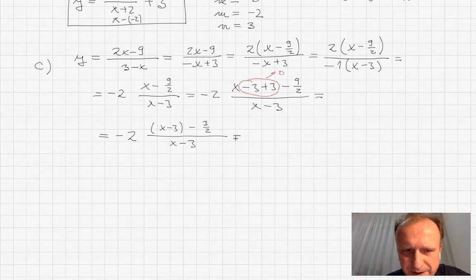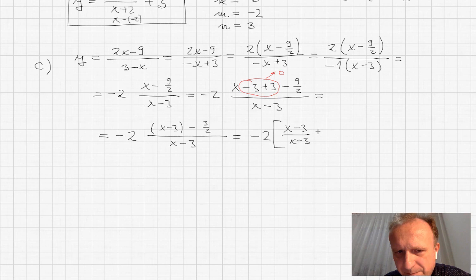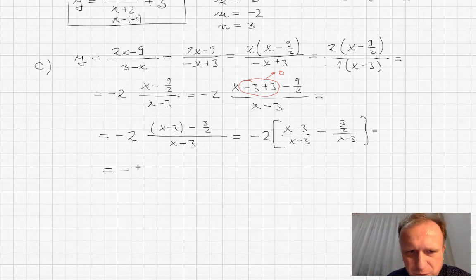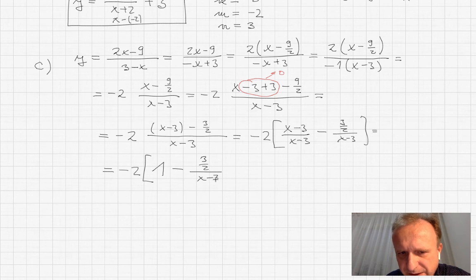Okay, now I will use a bracket, so it's minus 2 times x minus 3 over x minus 3 minus 3 halves over x minus 3, like this. So it equals minus 2 times, so this first fraction is just 1, minus 3 halves over x minus 3.